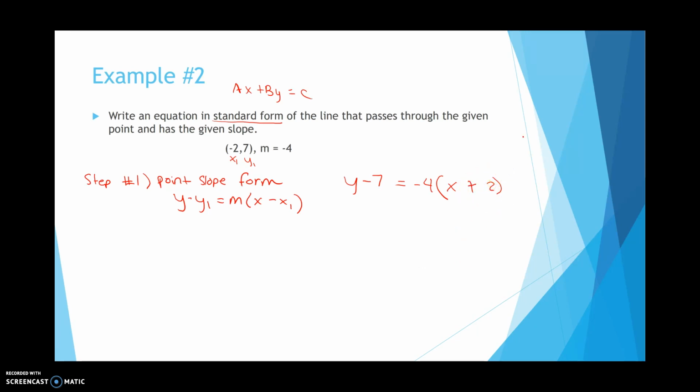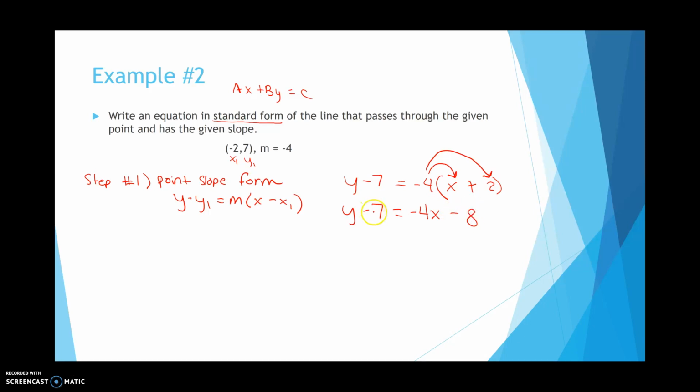Now I'm going to simplify my right side. I distribute negative 4 to x and to the 2. So we have y minus 7 equals negative 4x, and negative 4 times 2 gives me negative 8.